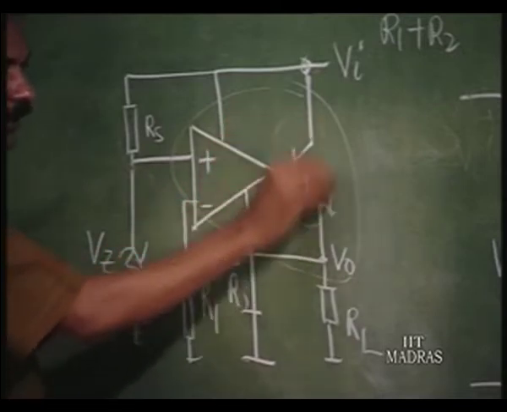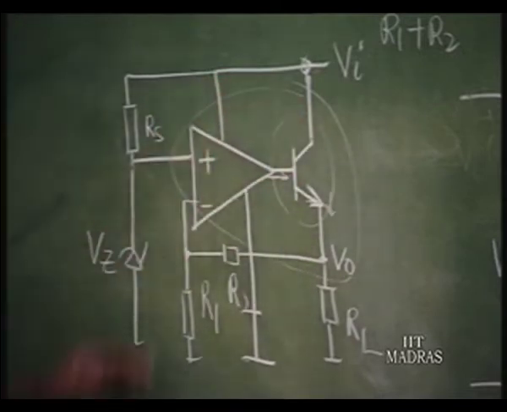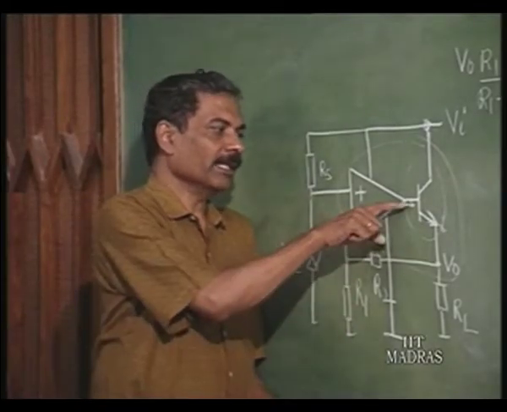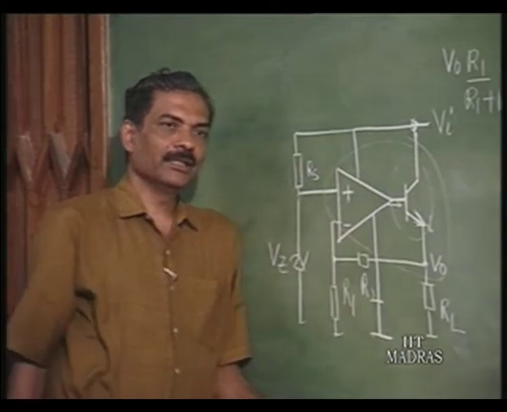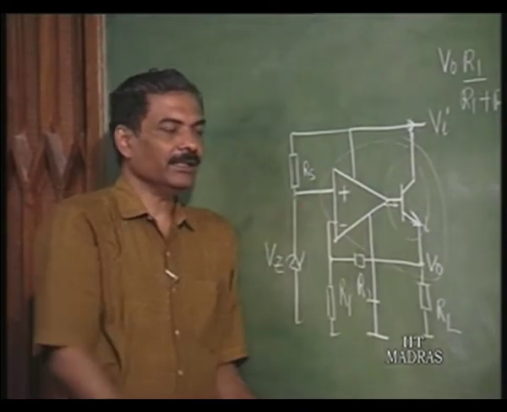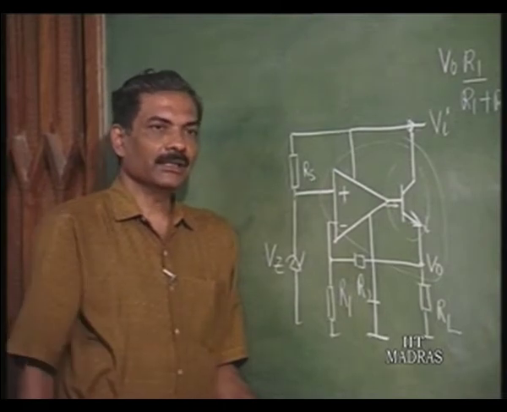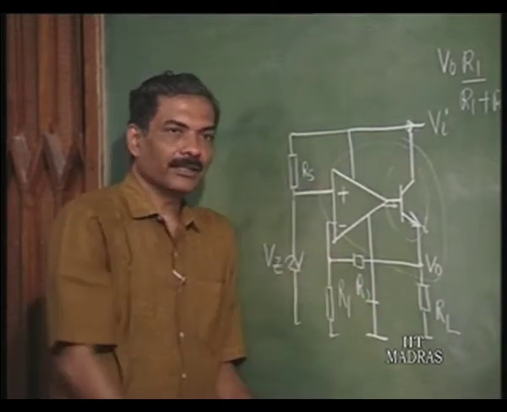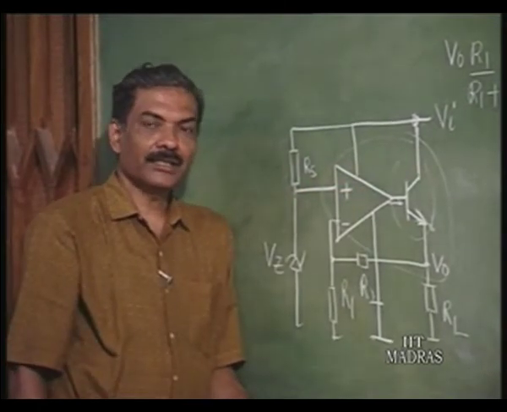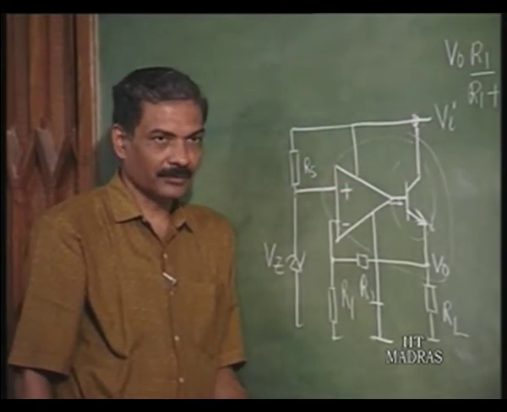So, by using discrete transistors along with op amp, you can build any regulator suitable for any large amount of current. Okay. So, if you think that this maximum current of the op amp is 20 milliamperes and beta of the transistor is 50, 20 into 50, that is 1 ampere regulator you can build by using a transistor whose current rating is greater than 1 ampere.